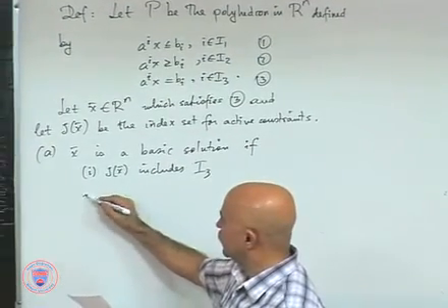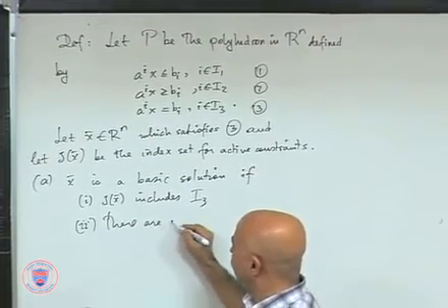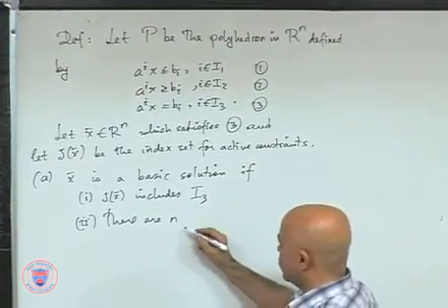Part B, there are n linearly independent constraints in J of X bar.